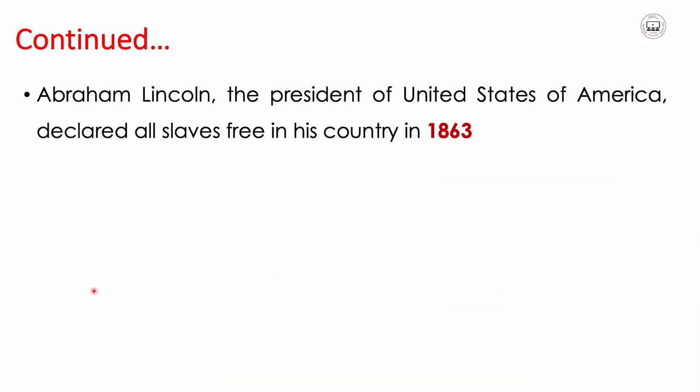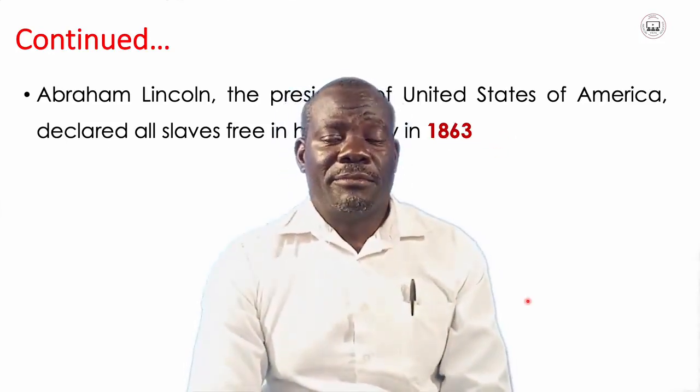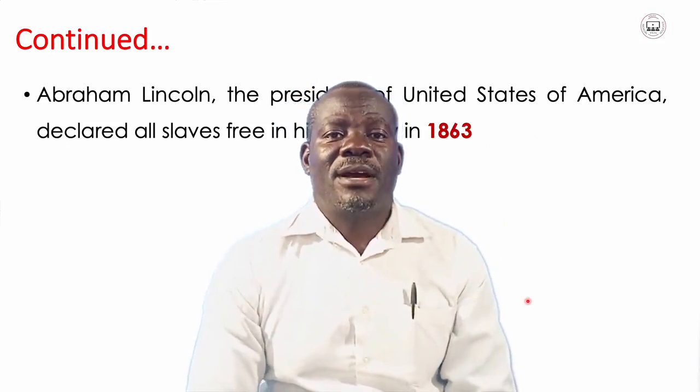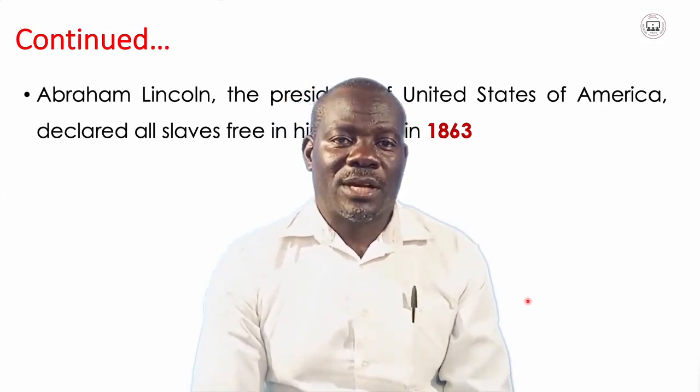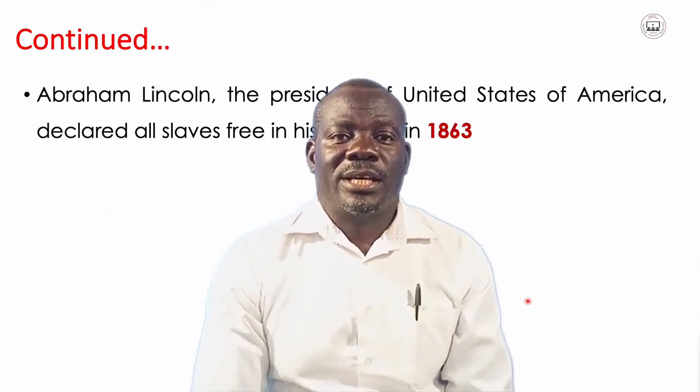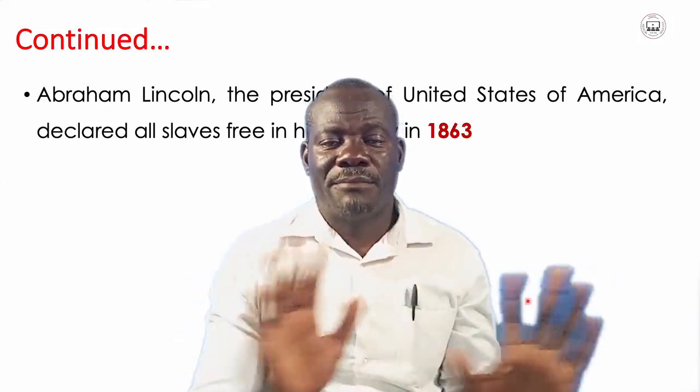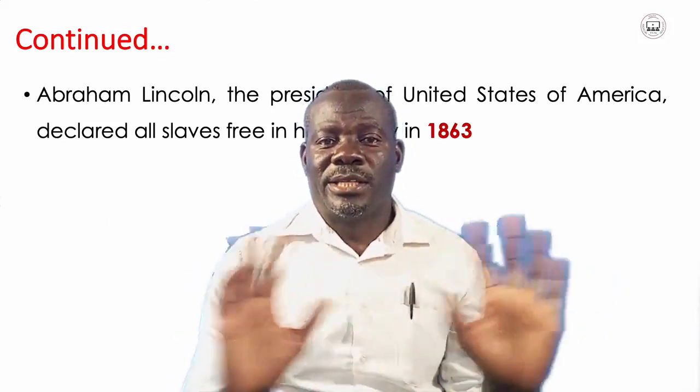And also in America, Abraham Lincoln, the President of the United States of America, declared all slaves free in his country in 1863. So in America in 1863, the President himself, Abraham Lincoln, declared that in my country, in America, no one is a slave.